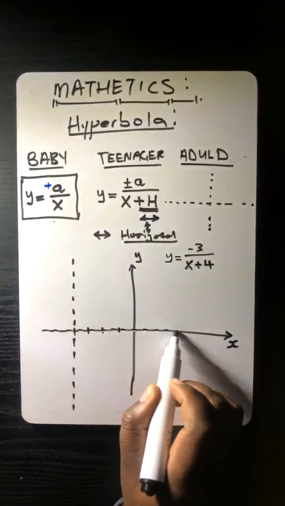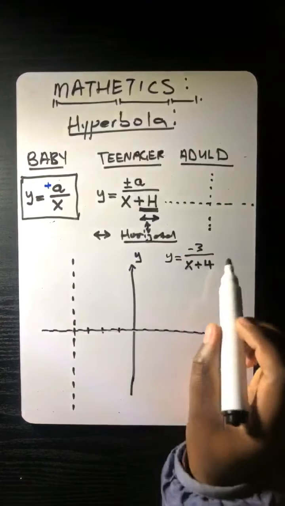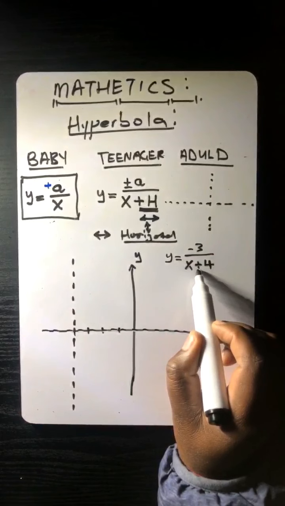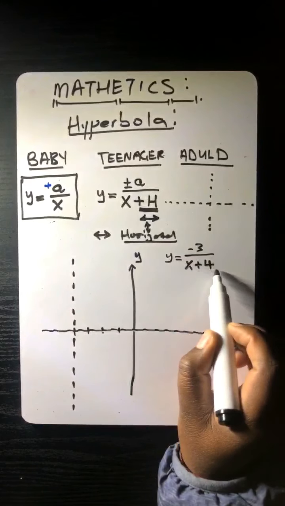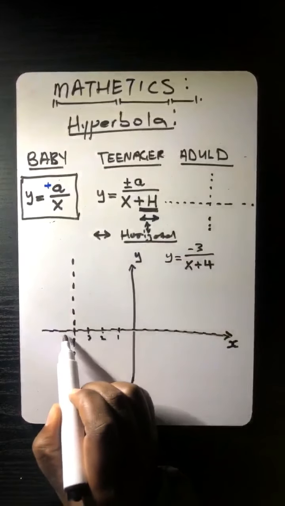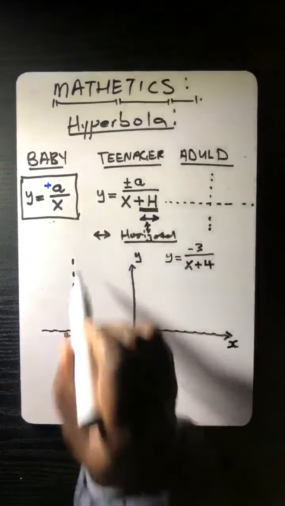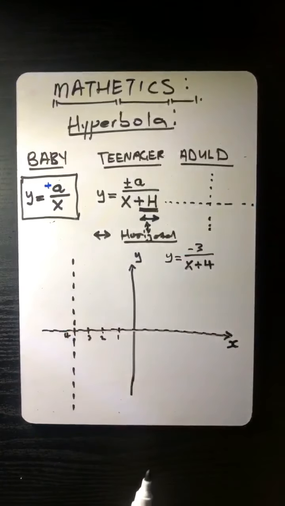If you don't get it, forget about it. Okay, so now, let's see. You said it shifts by 4 units to the left. So 1, 2, 3, 4. So can you guys see if it shifts by that many units, that's where you do your never.